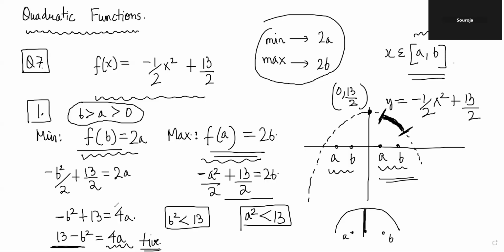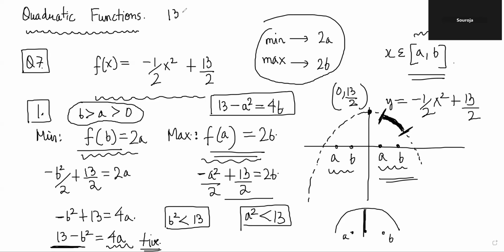Let's combine the two equations, because here the equation is 13 minus a square is equal to 4b. We have to make it one quadratic in order to make something happen from here. So 13 minus a square is 4b, and 13 minus b square is 4a. So let's subtract the equations, because that will cancel 13, right?